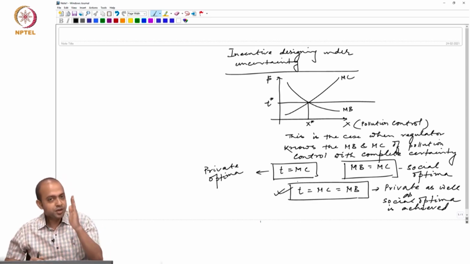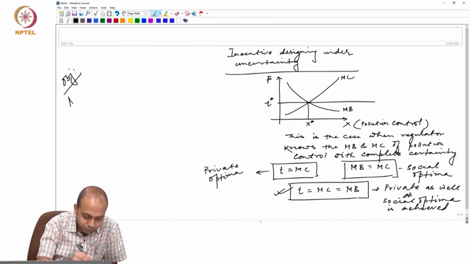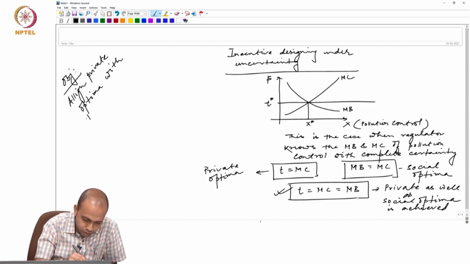So, the objective of incentive design is to align private optima with the social one.